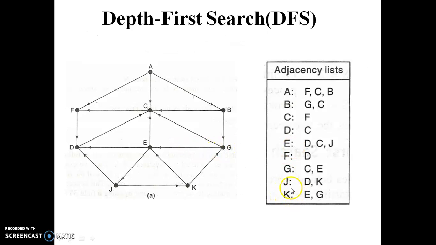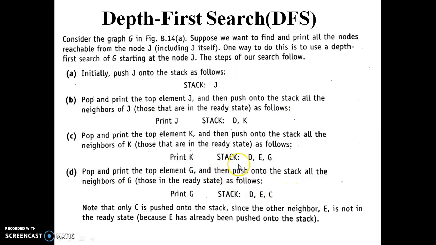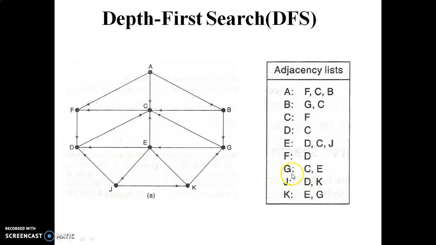The adjacency list says that the neighbors of K are E and G. So we push E and G onto the top of the stack and print K. Similarly, in the next step, the topmost element will be G. We print G and push all the neighbors of G onto the top of the stack. The neighboring elements of G are C and E.